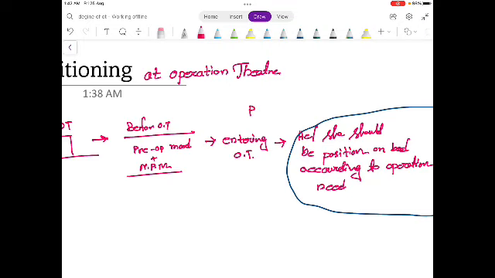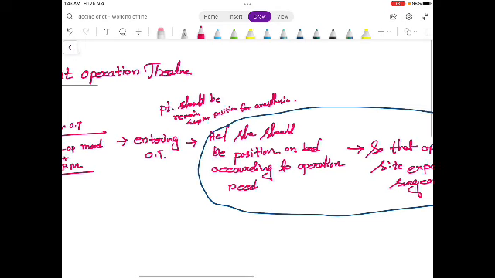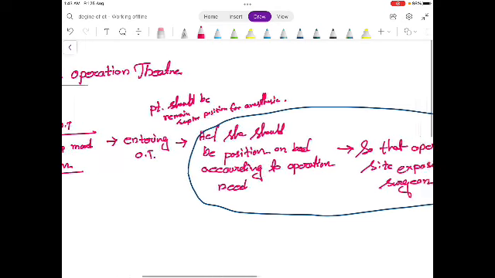After entering OT, the patient should remain in supine position for anesthesia.